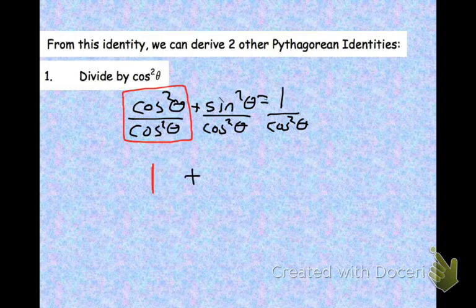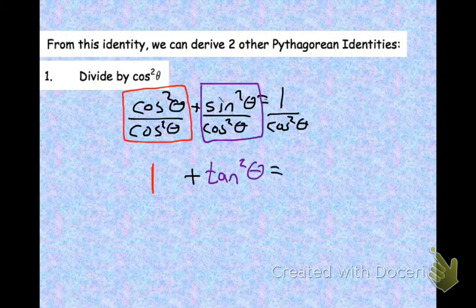Plus, we know that sine over cosine is tangent, so this is going to be tan squared theta. And the final piece, 1 over cosine matches up with secant, so that's secant squared theta. So our next identity is 1 plus tan squared theta equals secant squared theta.